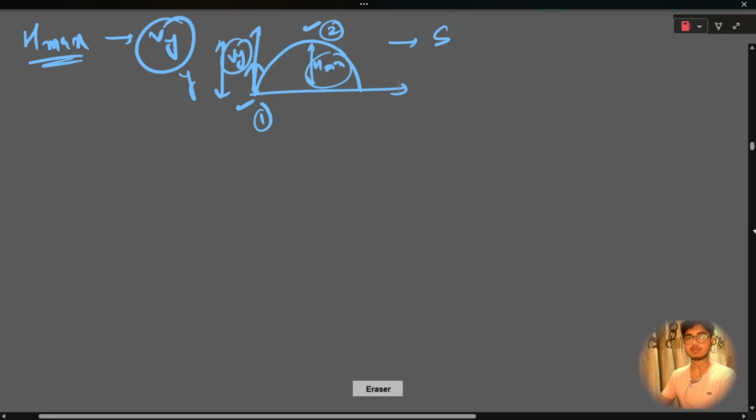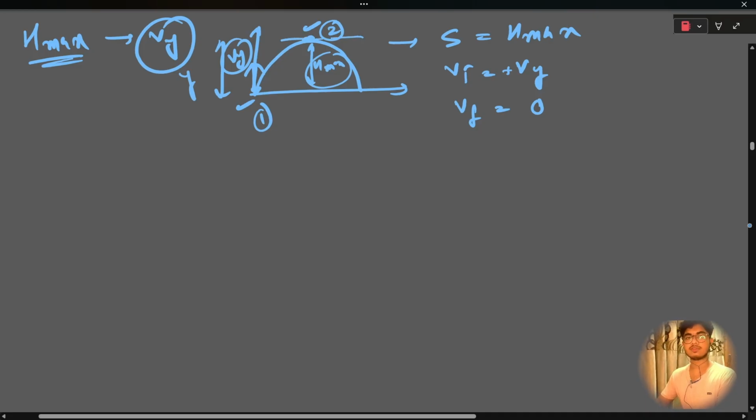So the displacement s equal to h max. Initial velocity equal to Vy, and the final velocity equal to 0, because at 2 the vertical velocity becomes 0, only horizontal is present, that is at the top. The vertical velocity equal to 0, only horizontal velocity is present, right? And ay is obviously minus g, because we took the downward direction as negative.